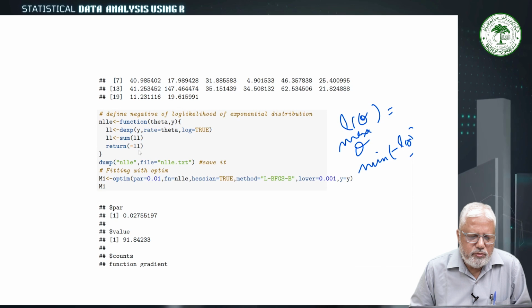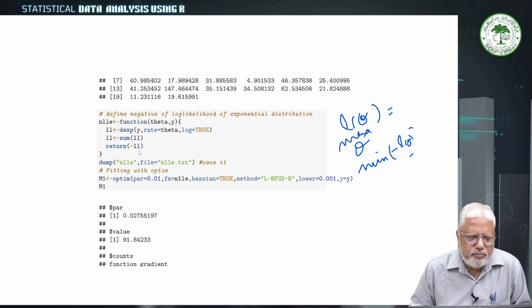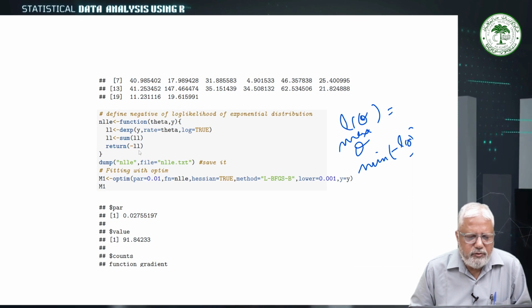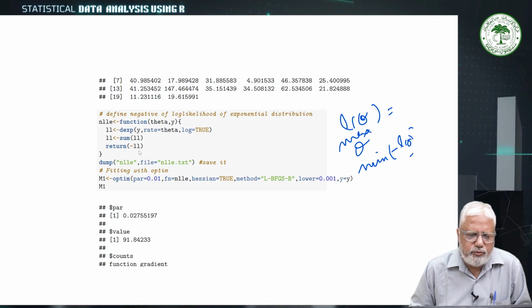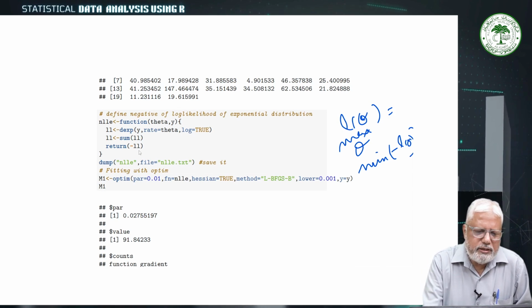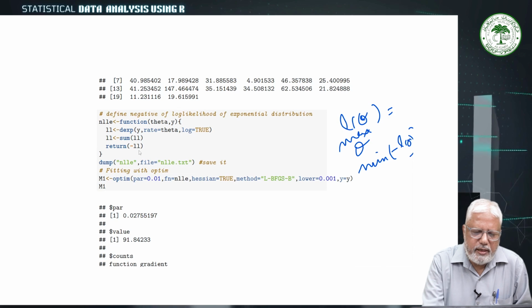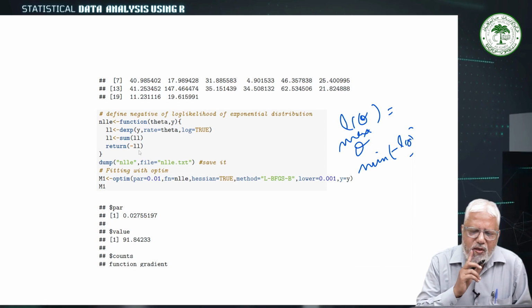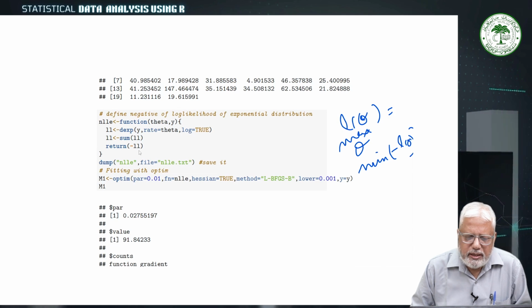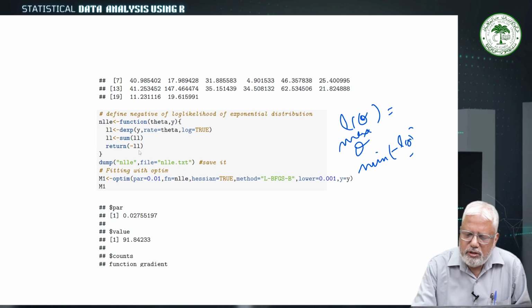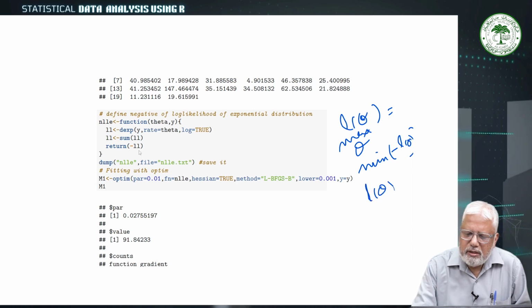Par is equal to 0.01, the first argument, which is the value to start the iteration. fn is equal to the objective function, which is NLLE, this one. And hessian is equal to TRUE, so it will return the Hessian matrix. You know what the Hessian matrix is?